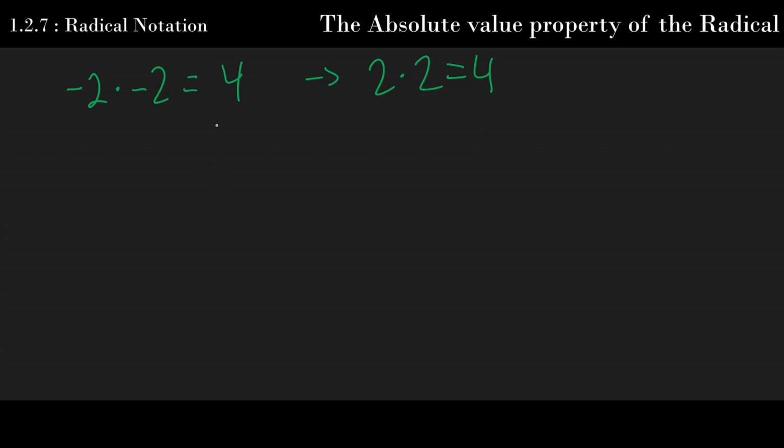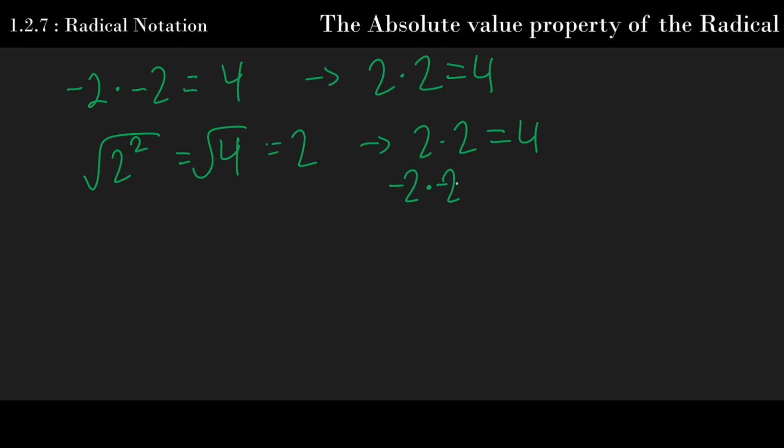Now, what happens if we have a square root of a squared number, such as the square root of 2 squared, which equals the square root of 4? We know that the square root of 4 equals 2, which tells us that 2 times 2 equals 4. However, we have just established that -2 times -2 also equals 4.